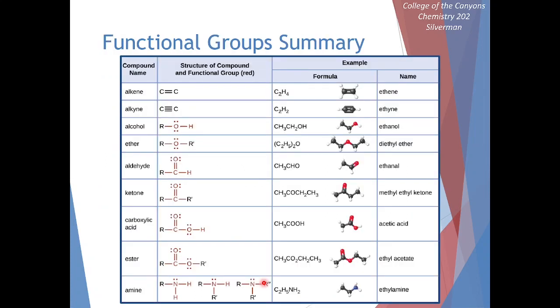All right, and that brings us to the end of our discussion on different functional groups. Once again, we want to be able to identify these functional groups, understand some of the relative properties of these molecules, and, at least for alkanes, alkenes, alkynes, and alcohols, be able to name molecules or draw molecules given the name.